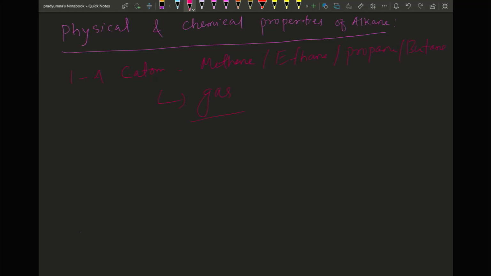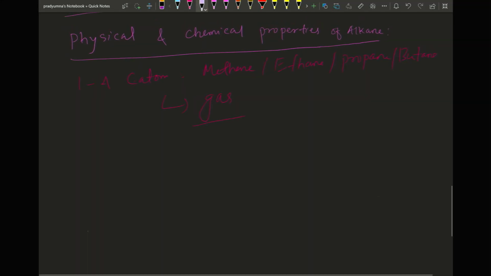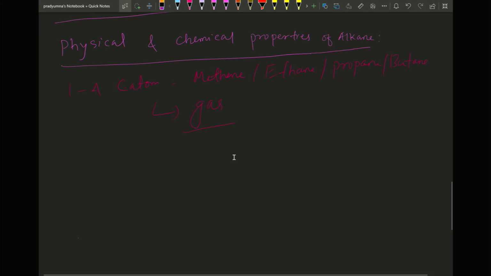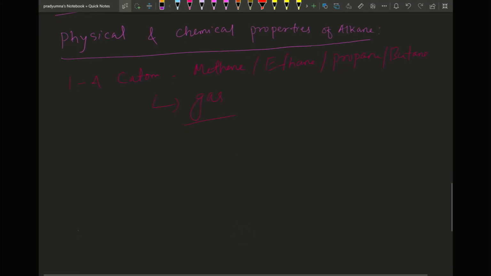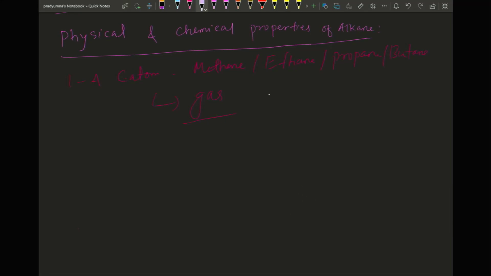If they are gases at room temperature, obviously they should have a very low boiling point, right? And obviously we use them in our heating. We burn the gases to cook food or to heat our houses. So they are used as fuel.